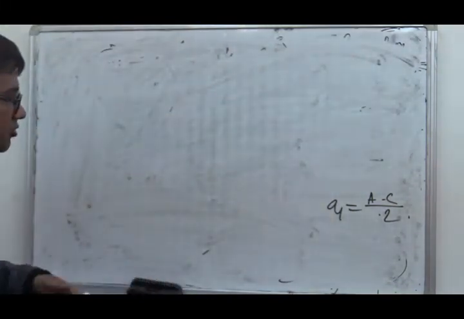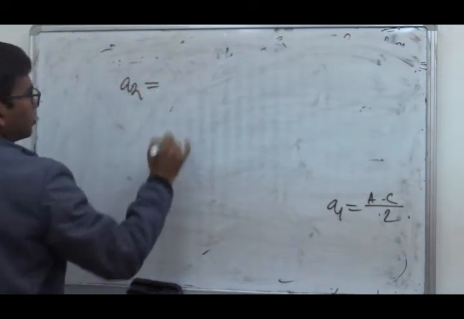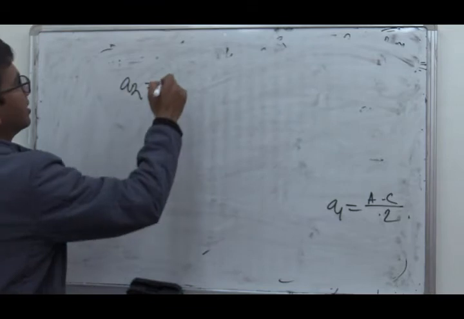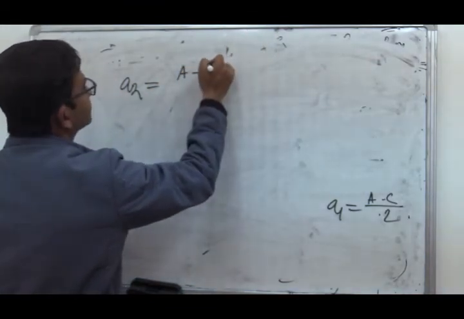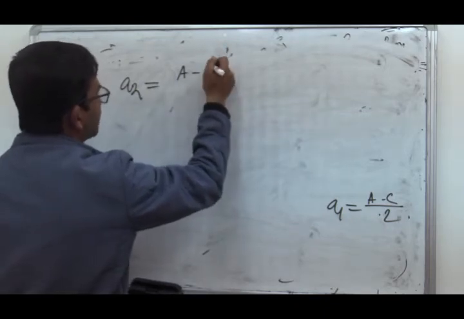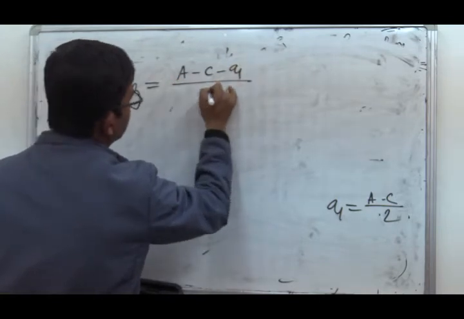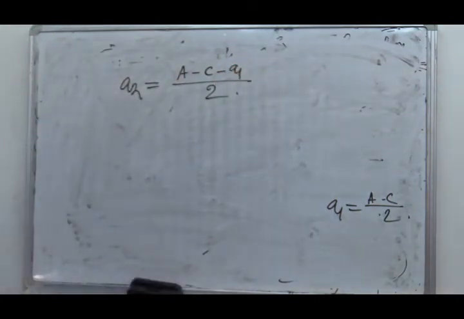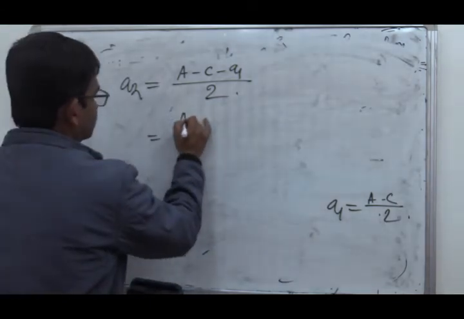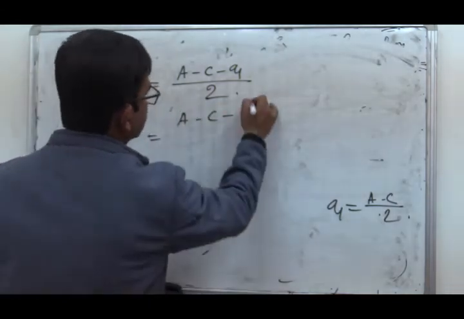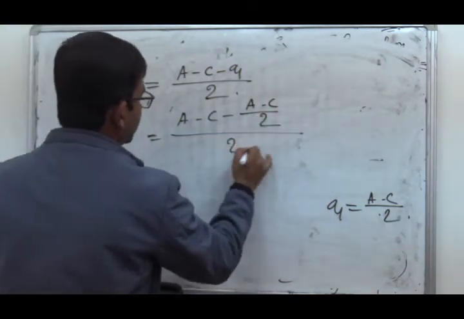Now let us consider what will be the output of firm 2. From the reaction function, Q2 equals (A minus C minus Q1) divided by 2. So if we place the value of Q1, Q2 equals (A minus C minus (A minus C) by 2) whole divided by 2.